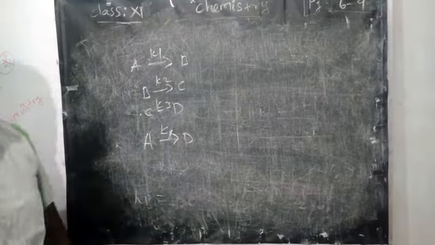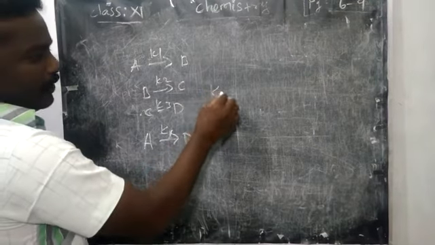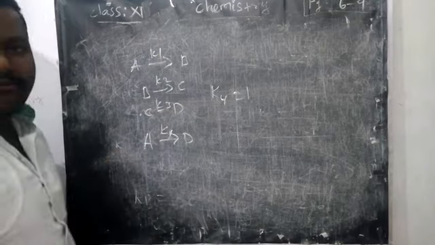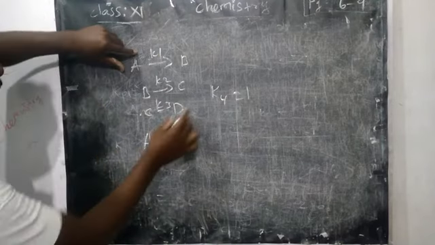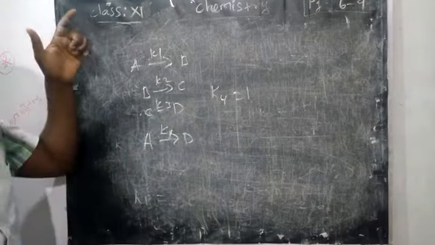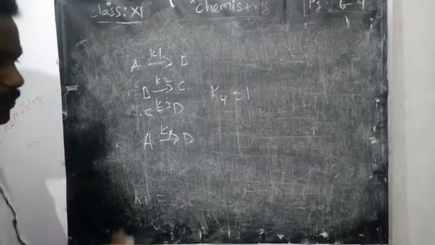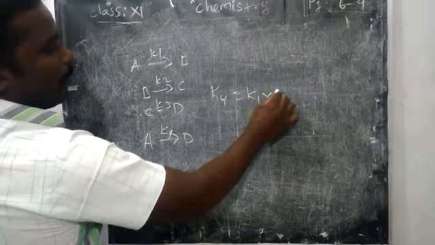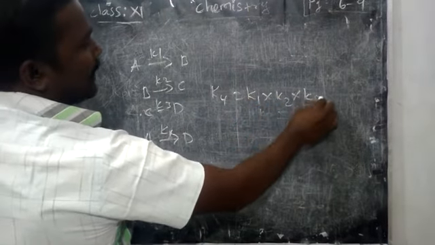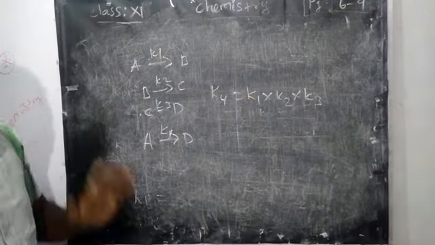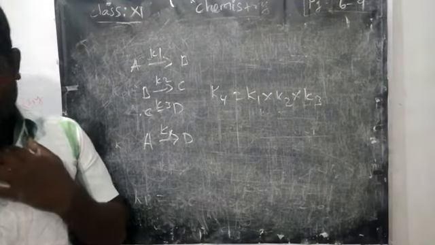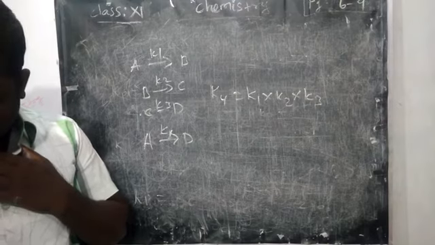So K4, how will you find? K4 is equal to all the rate constants of the first three. See, A to D we had as 3 equations. If you want it as 1, K4 is equal to K1 times K2 times K3. Like this, for mathematical calculation, we can use this rate constant, equilibrium constant value.